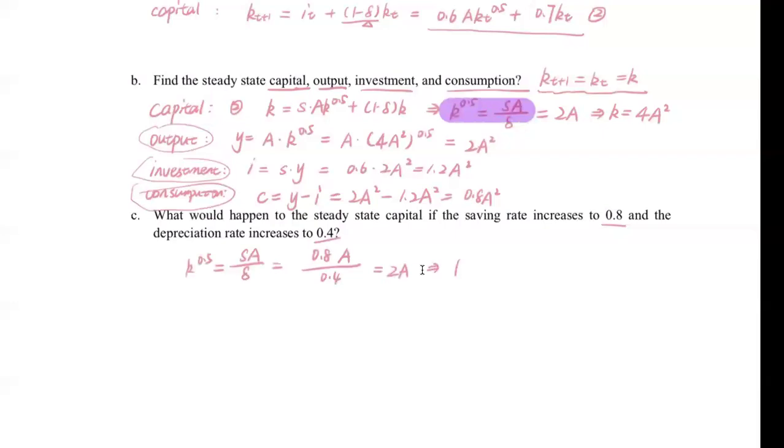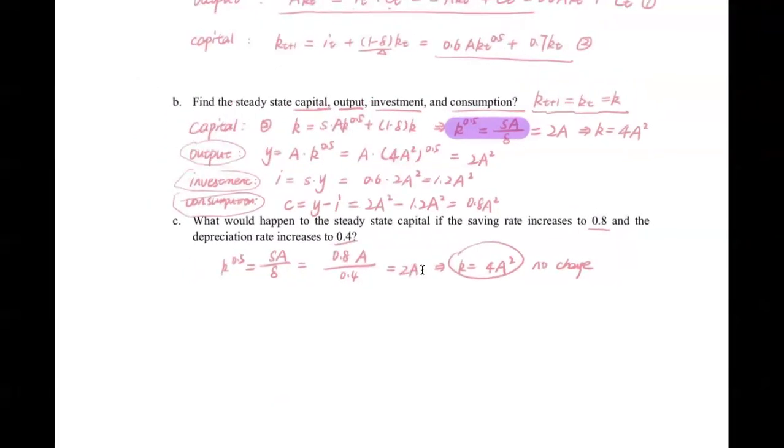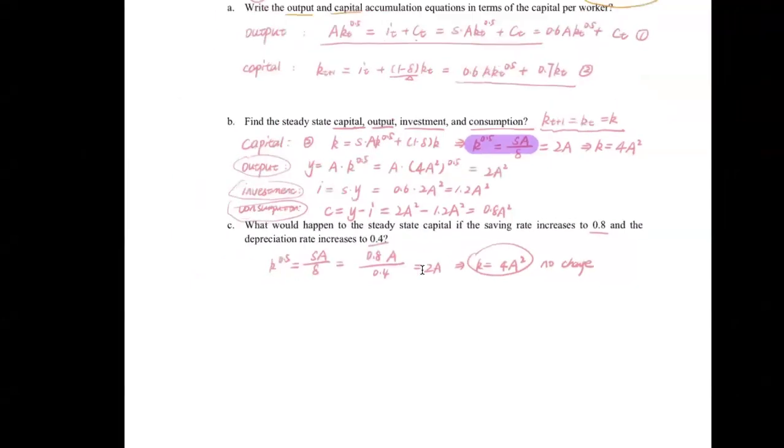So K, 4A squared, doesn't change. So if K doesn't change, then output doesn't change, then investment doesn't change. So there would be no change for the steady state of capital, output, investment and consumption. Always no change. Okay. Now we can look at the second question.